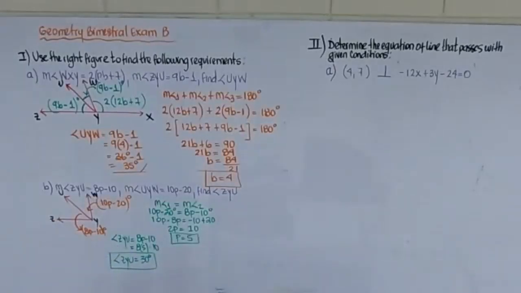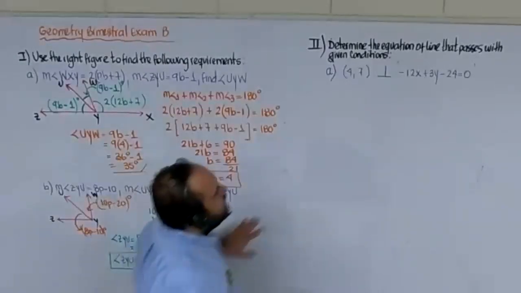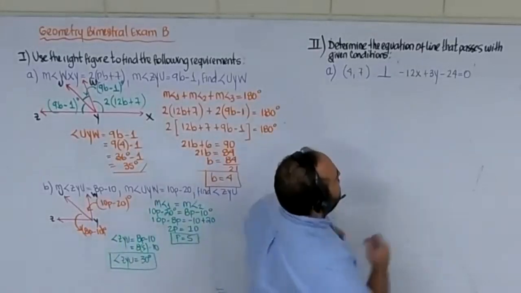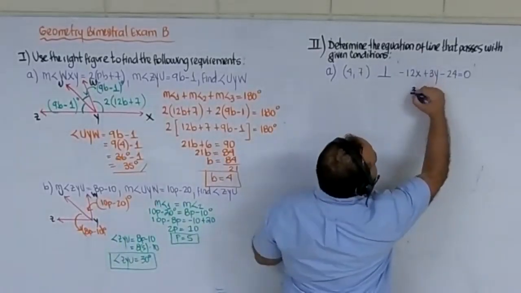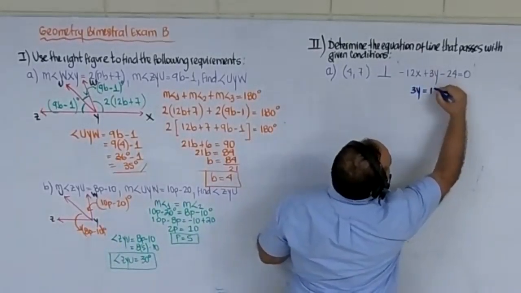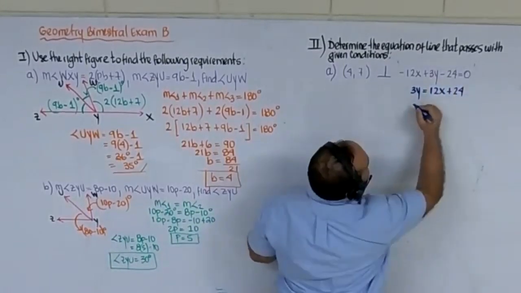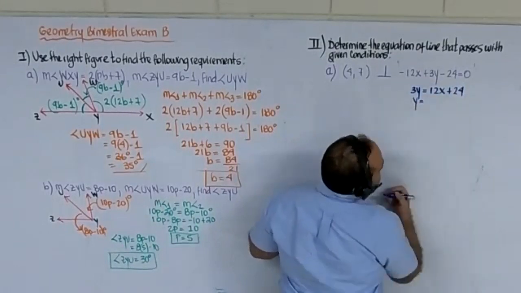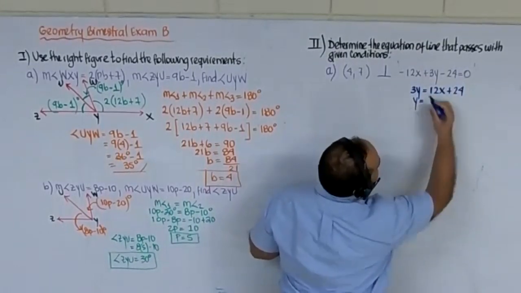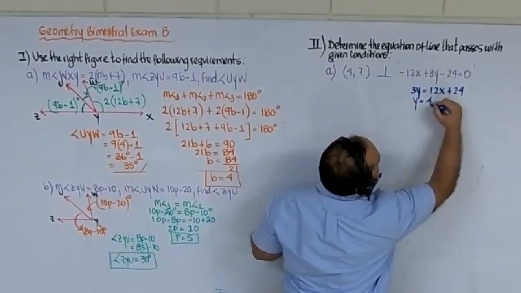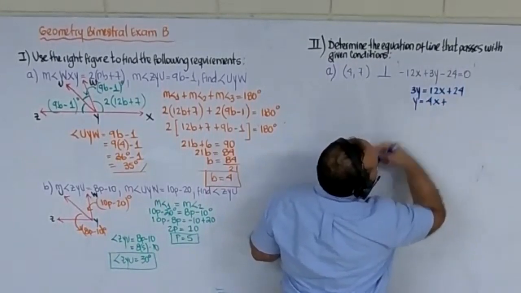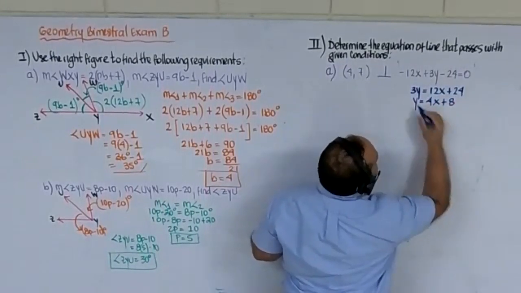In simple words, we have to solve for y. We have 3y equals 12x plus 24. Because the 3 is multiplying, it passes to divide both terms. 12 divided by 3 is 4x, and 24 divided by 3 is 8.